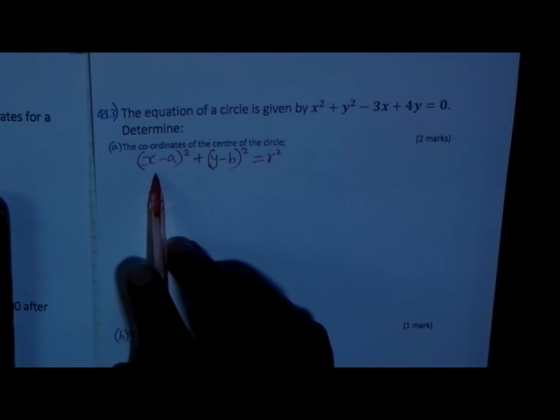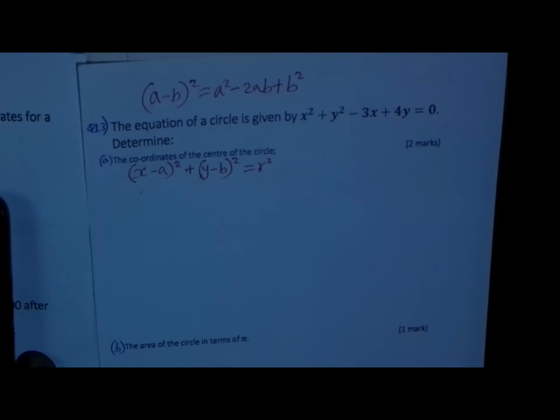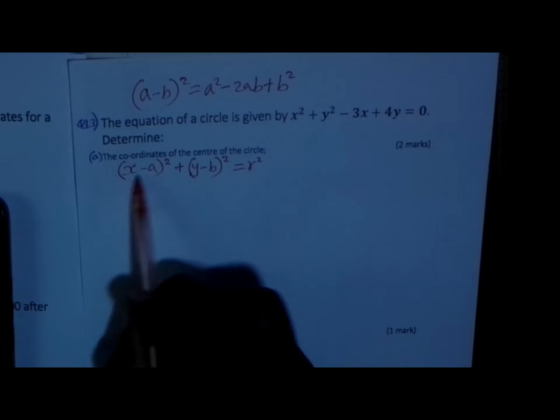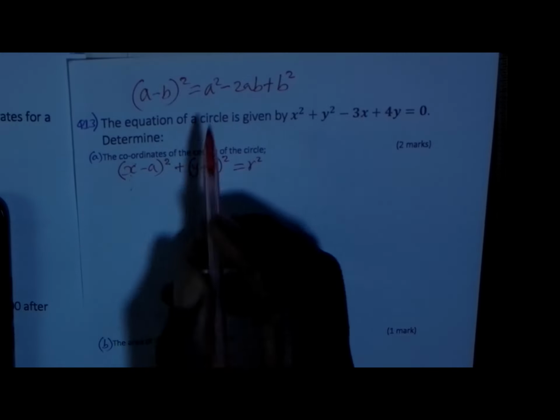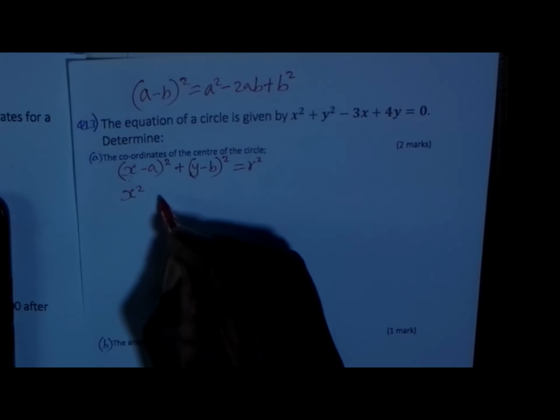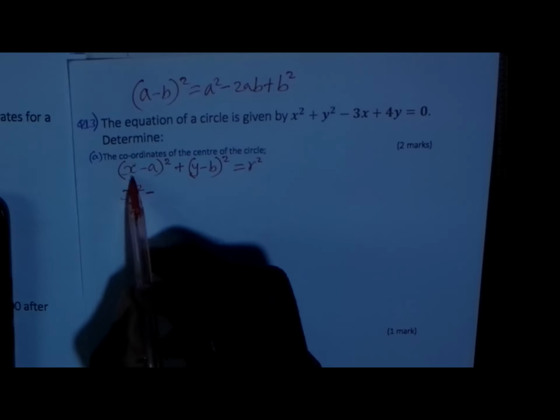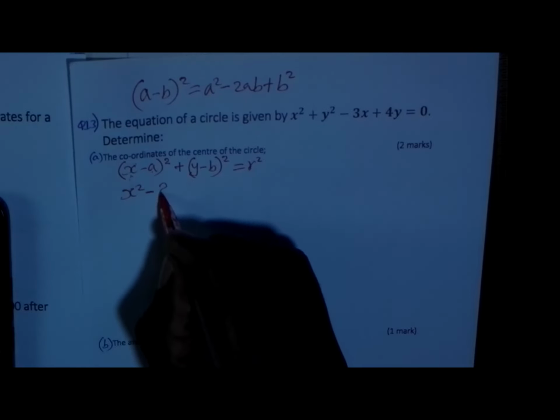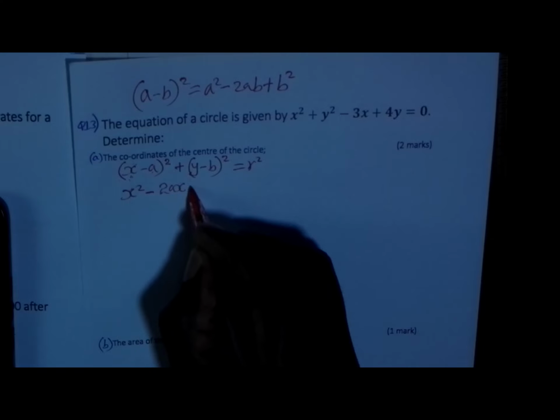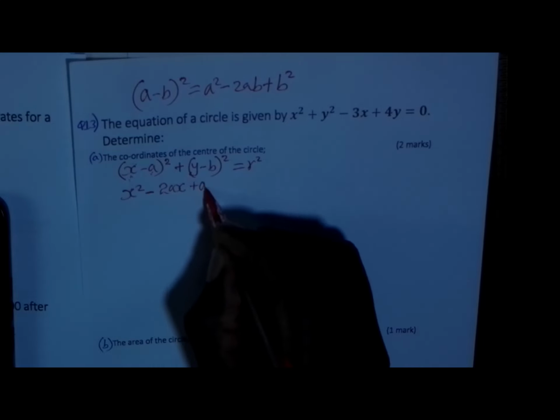So let us expand this using the quadratic identities. (A minus b) squared is a squared minus 2ab plus b squared. So let us expand each. This will be x squared minus 2ax plus a squared.